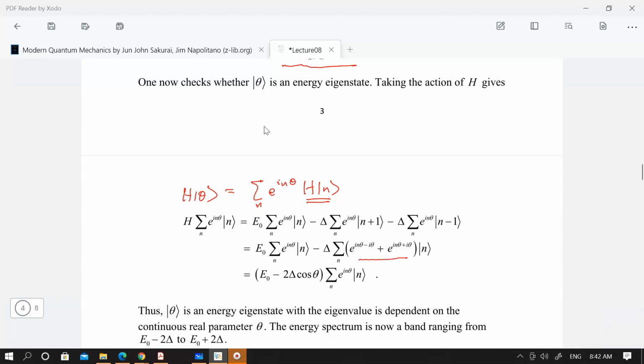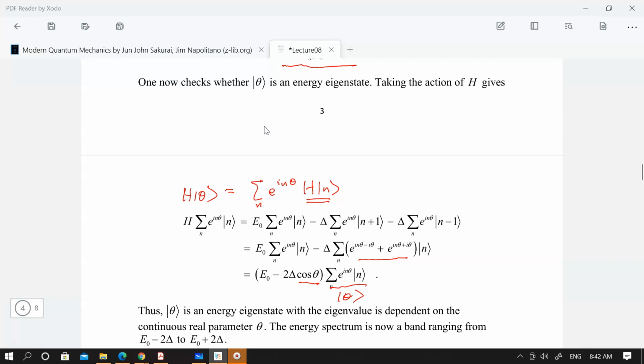I can bring my e to the minus i theta and e to the plus i theta outside, and you'll be able to form 2 cos theta from there. Okay, so you combine all these terms coming in with this common eigenket n, and then we get that, and this is essentially theta.